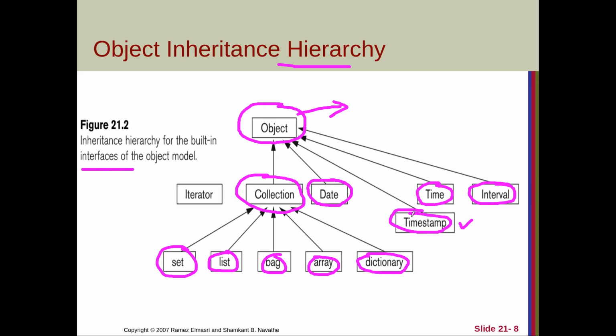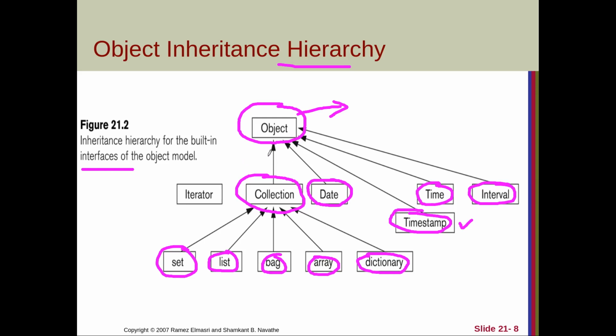If you want to use a timestamp, we can use the timestamp interface, which is again inherited from object. Then we can have time alone, which is also inherited from the object interface. Similarly, for the interval between two times we use the time interval interface, which is also inherited from the object interface.